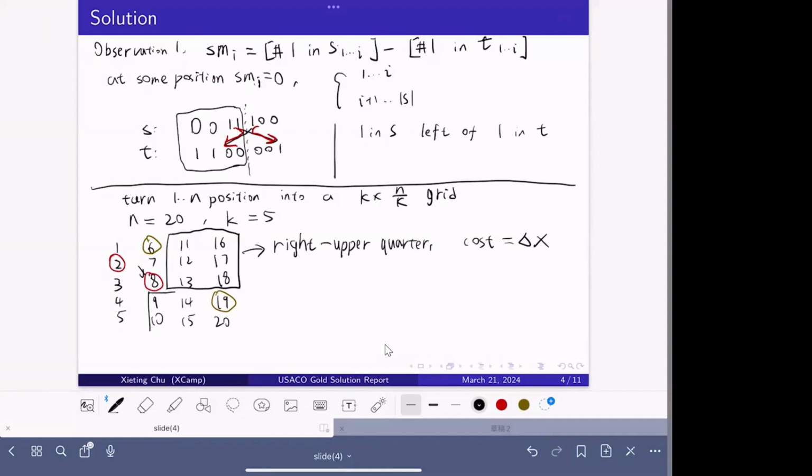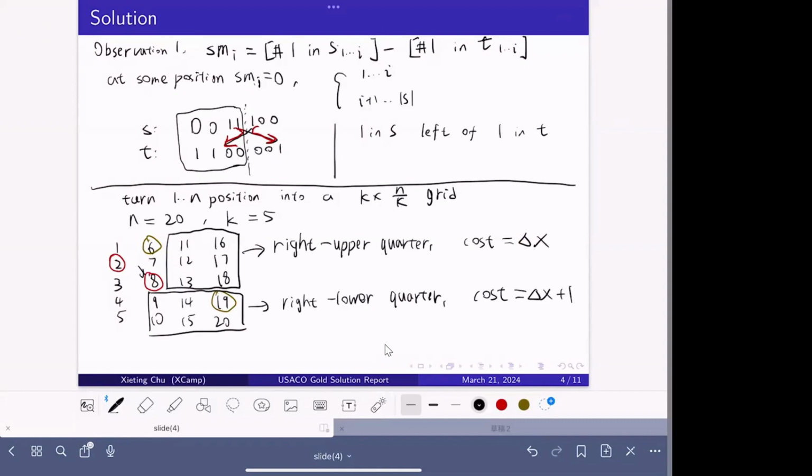And if we swap this 8 to the right lower quarter, then the cost is delta X plus 1.